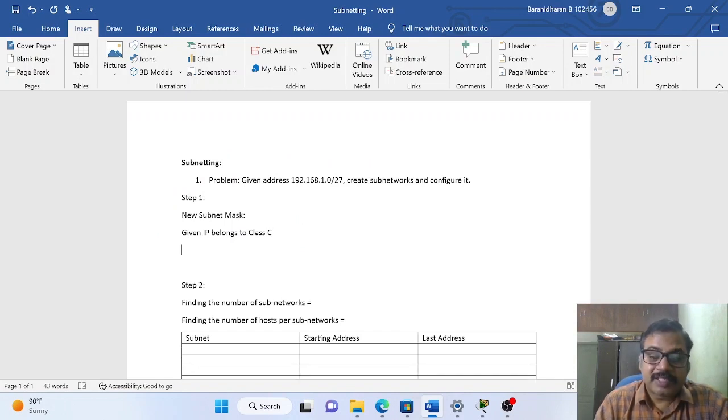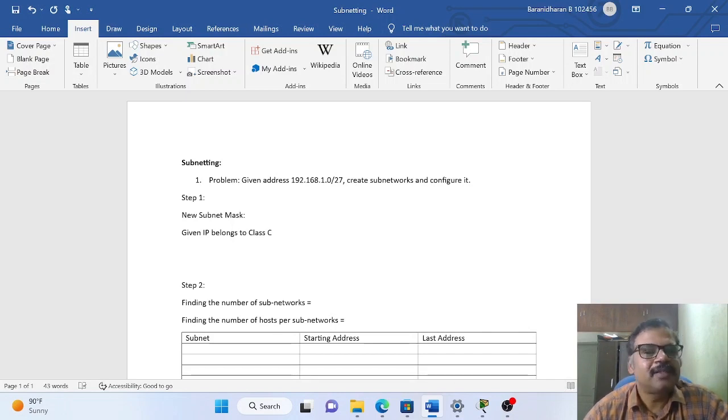And what is the subnet mask? Here, subnet mask means the default subnet mask for class C. How can we calculate the default subnet mask for a particular class? For that we should know the net ID length and host ID length of the particular class.